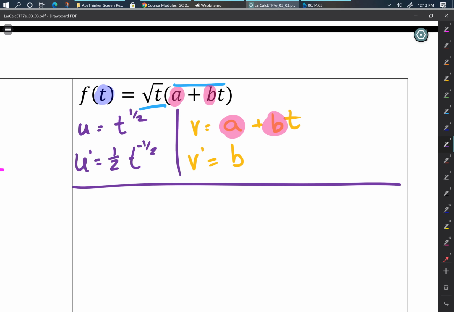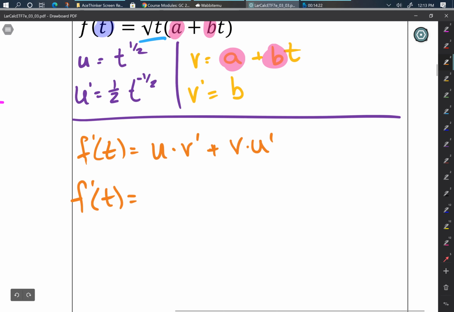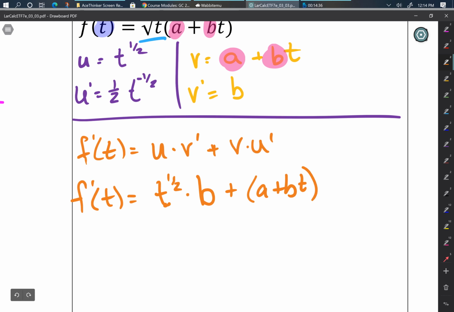So now putting it all together, what do I get? I get that f prime of t is going to be u times v prime plus v times u prime. Okay, so then f prime of t, u was t to the 1/2. Maybe I'll rewrite that as a root, maybe I won't, times v prime, which was the letter b, plus v, a plus bt, multiplied by u prime, which was 1/2 t to the negative 1/2.